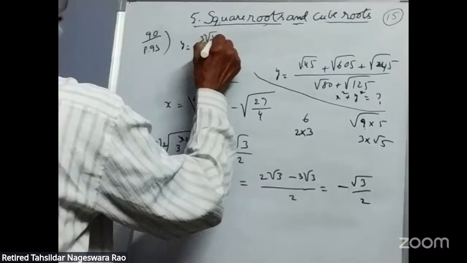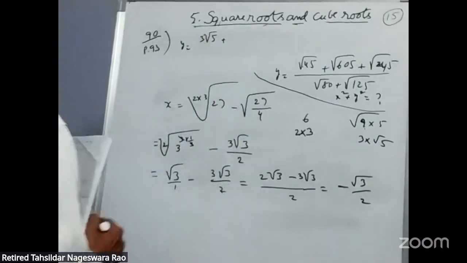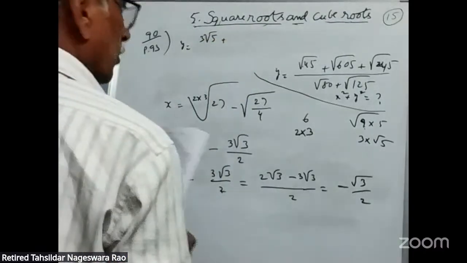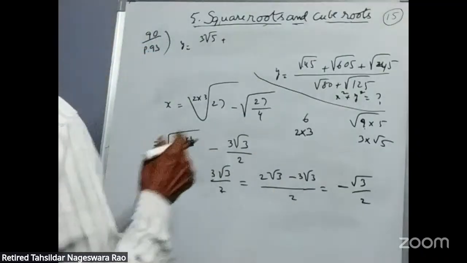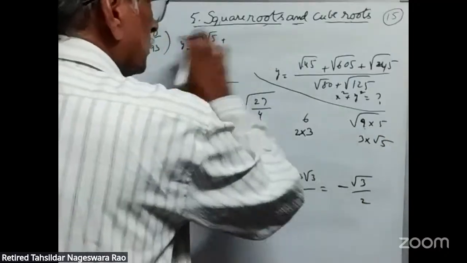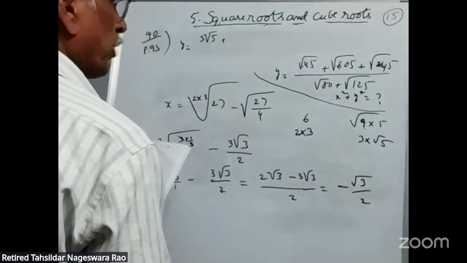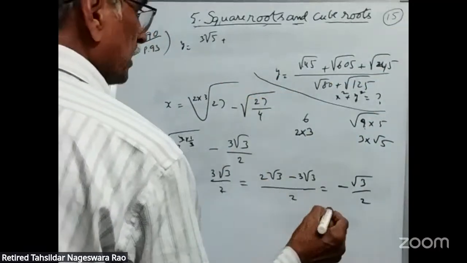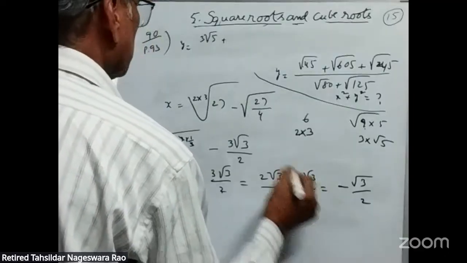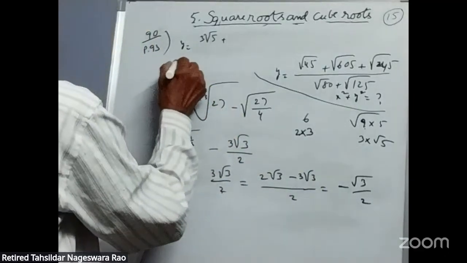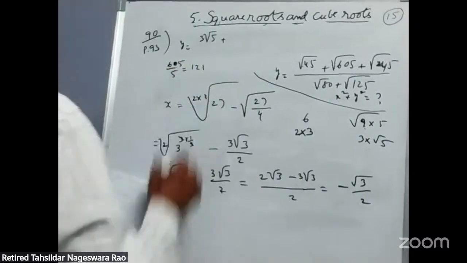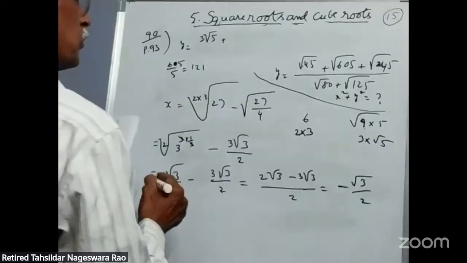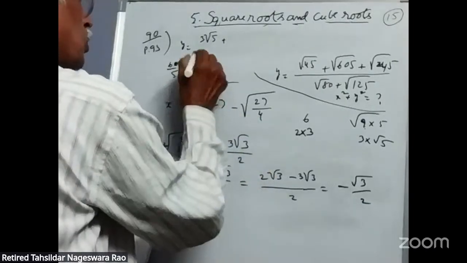3 root 5 plus root 605. What happens? We expect root 5 always. For the other terms also we expect root 5. So divide by 5. 605 divided by 5 will be 121. 121 into 5. The square root of 121 is 11.